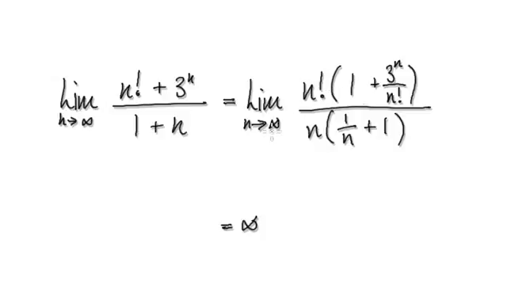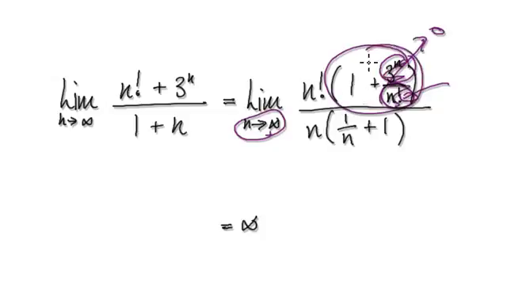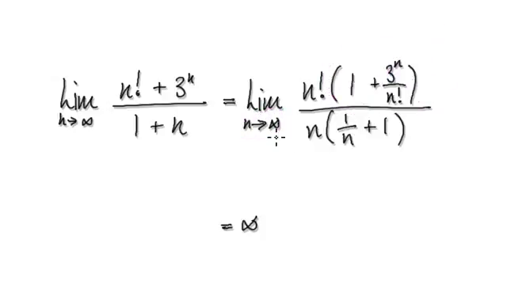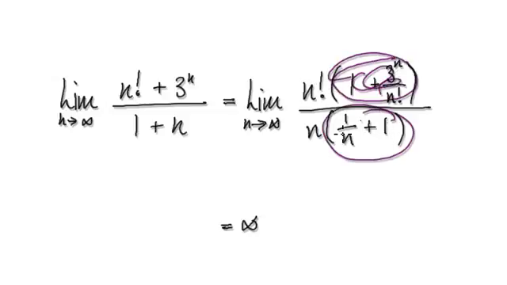So now, as n tends to infinity, n factorial being a lot bigger than this whole thing here is going to head towards 0. So this whole thing here is going to be 1, and then as n tends to infinity, this thing here is going to head towards 0. This is going to be 1. So this is going to go to 1.